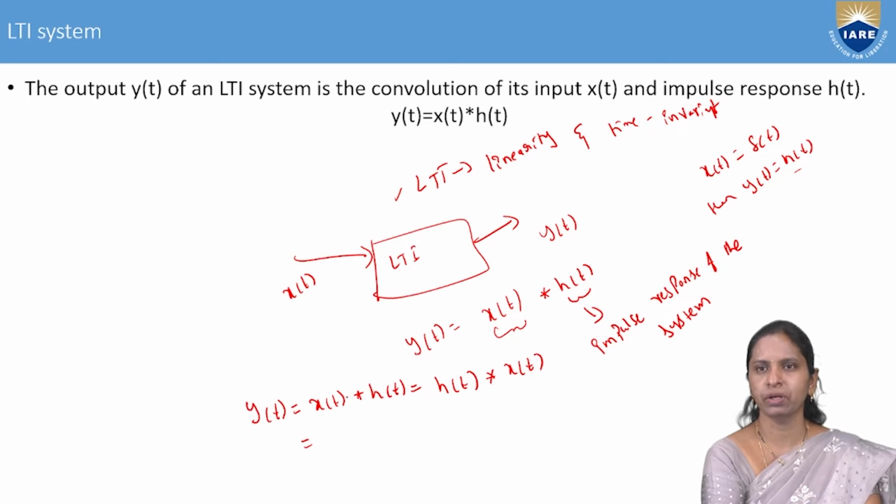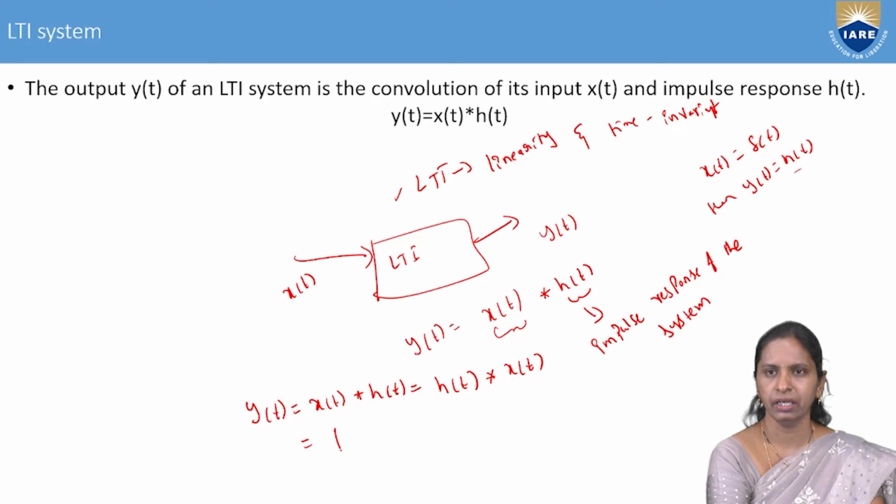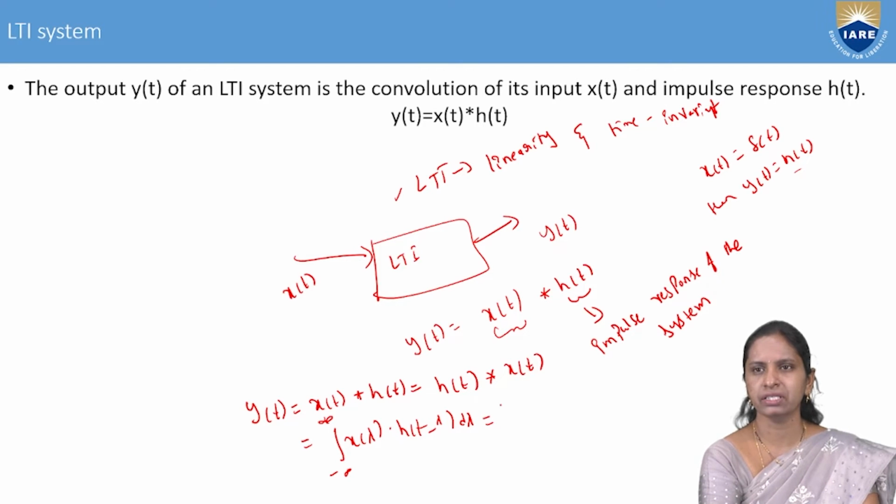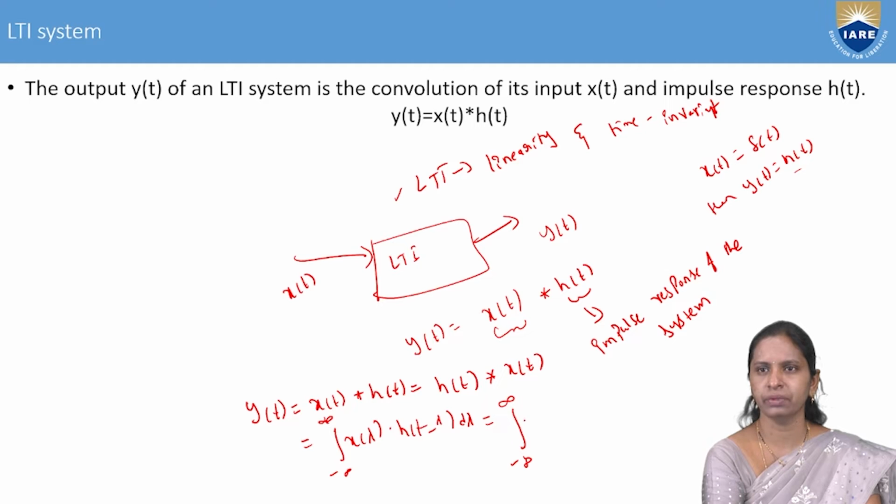The formula for x of t convolution h of t is integration from minus infinity to infinity of x of lambda into h of t minus lambda d lambda. And similarly, h of t convolution x of t is integration from minus infinity to infinity of h of lambda into x of t minus lambda d lambda.